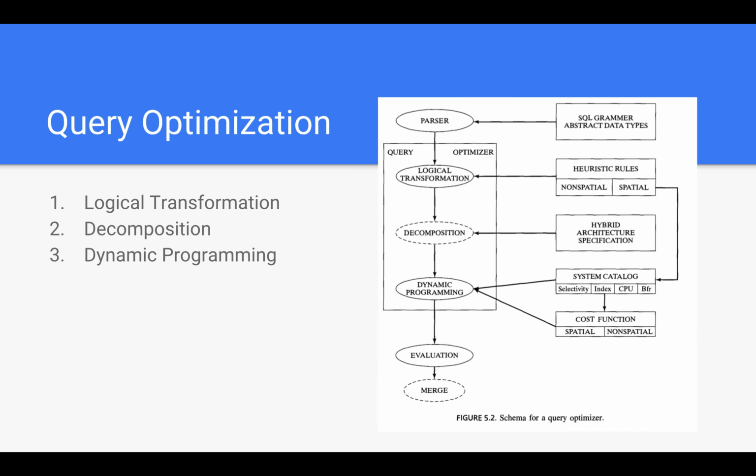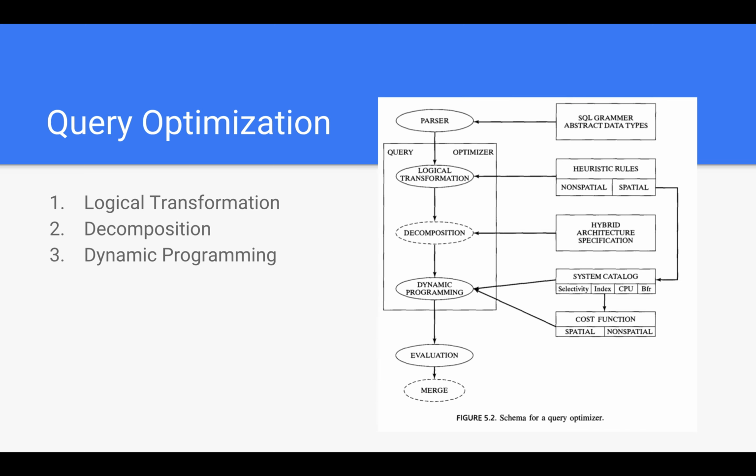And how does query optimization work? It's also an important issue. Query optimization is divided into three steps. One is called logical transformation, which will try to represent a query string as a query tree, and we will use this tree to eliminate unnecessary operations.